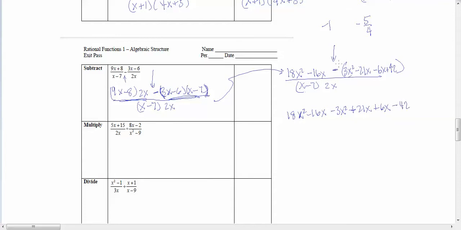The reason I am so careful with this is because I usually make small sign errors, but I don't want you to make them, so I was just trying to be extra careful.